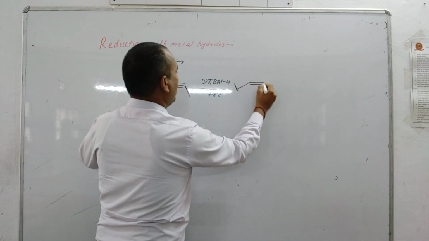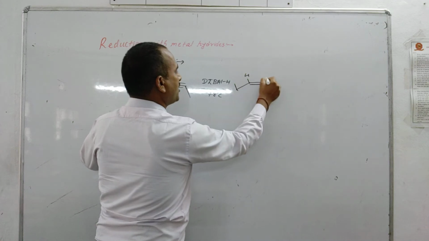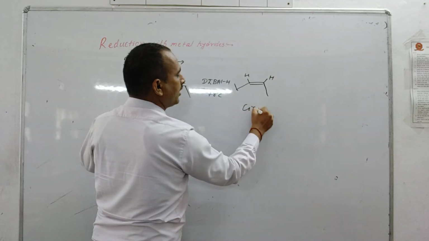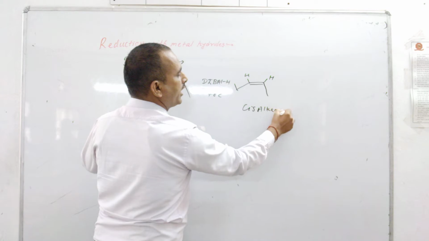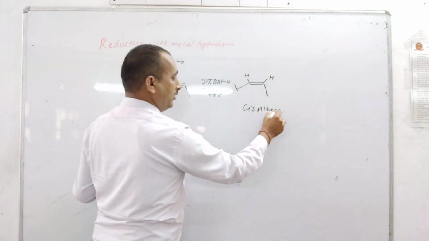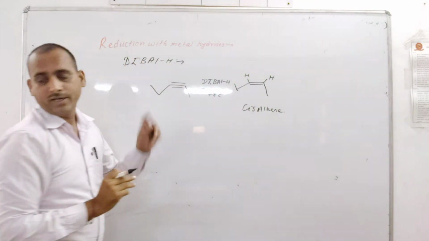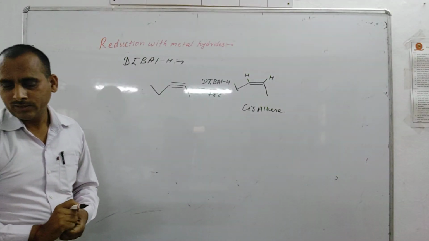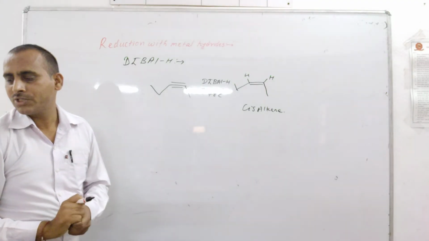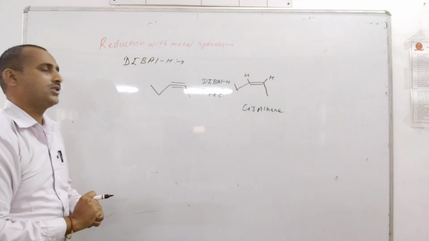The cis alkene formation takes place by using the diisobutyl aluminum hydride. Then it is used for the reductions of aldehydes and ketones.